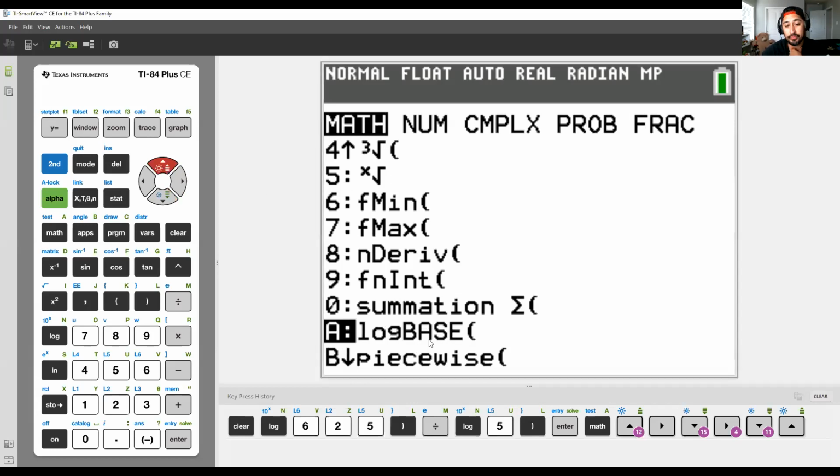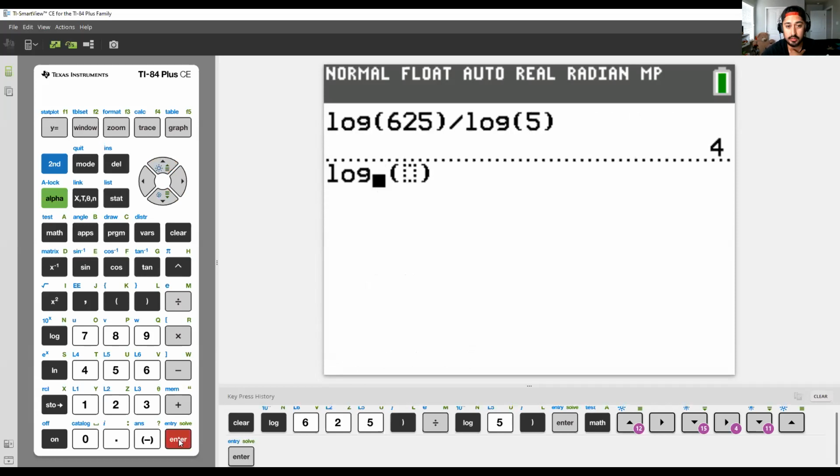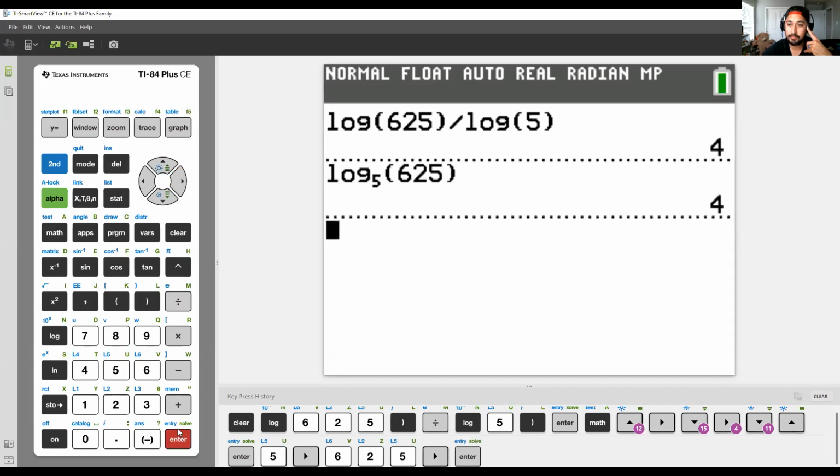So math, log base, hit enter, and watch the magic. Wow, it's waiting for a log base, and it's waiting for the inside of the log. So that was log base 5, move over, of 625. Boom! My goodness, you do not need change of base, but that's if your calculator's updated.